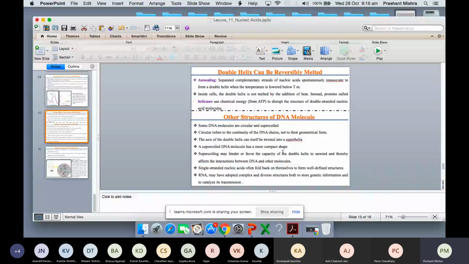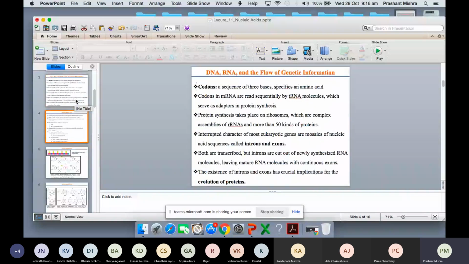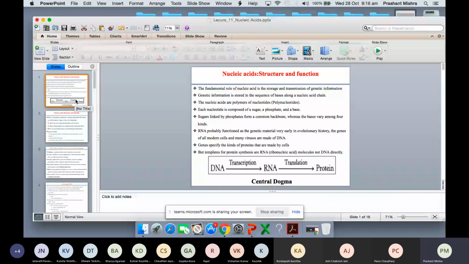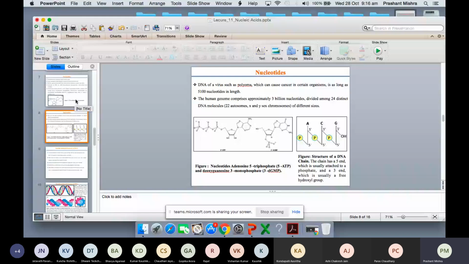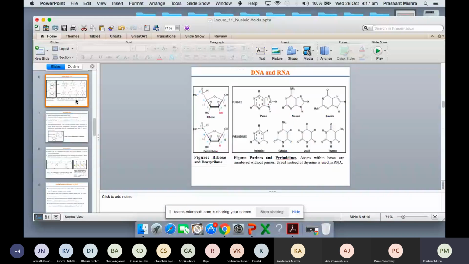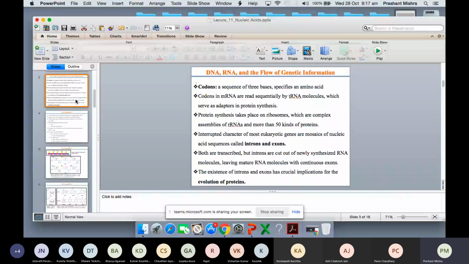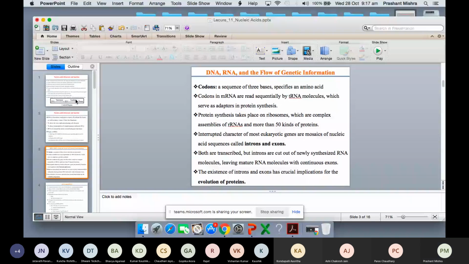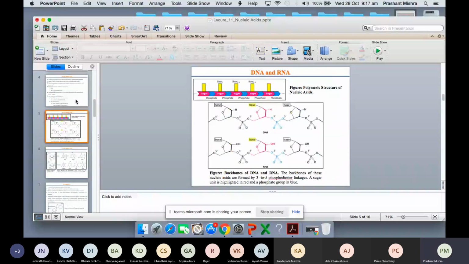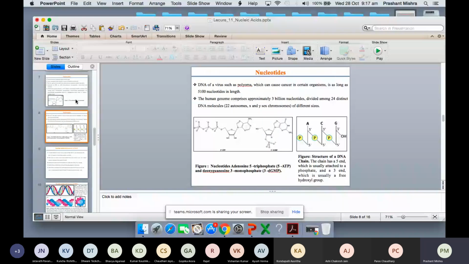The other day we have talked about two things. Now try yourself and try to find out that whenever we were talking about the DNA structure, I'll just go back and give you some estimate, and that will give you a very interesting idea. We have said that there are billions of nucleotides present in a DNA structure.